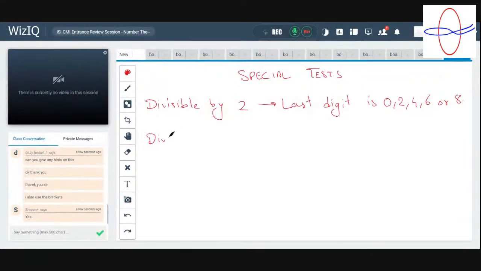Divisible by 3. So I'm only stating the ones that are common practice and are useful to know and are not too difficult to use. I know there are some weird divisibility tests for 7 as well, but I don't care. Divisible by 3, so divisible by 3.